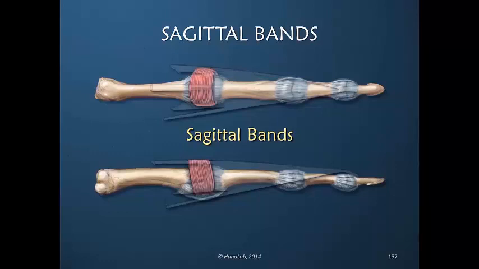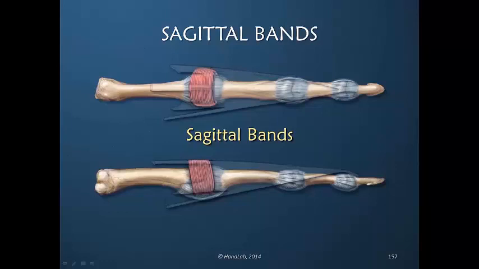These fibers are attached to and move with the extensor digitorum communis both distally and proximally, but because of their attachment to the volar plate, they pivot on the volar plate and do not move distally and proximally here. Because of this attachment, the sagittal band fibers limit the excursion of the extensor digitorum communis both proximally and distally.